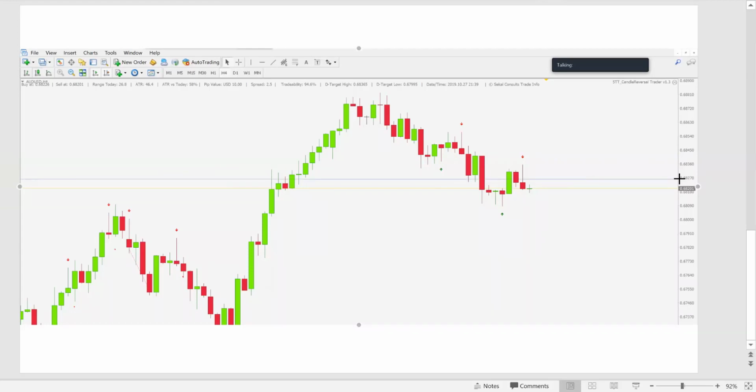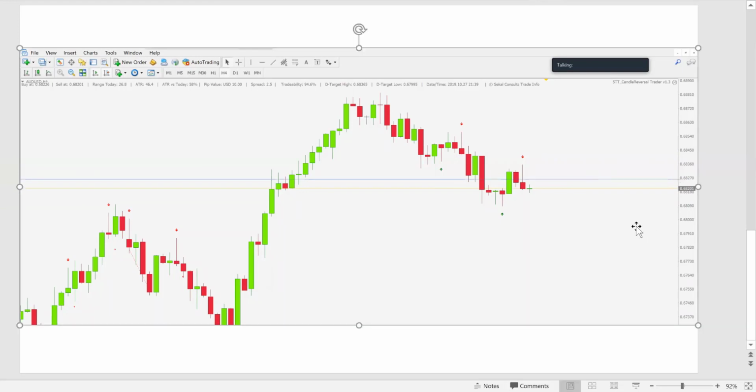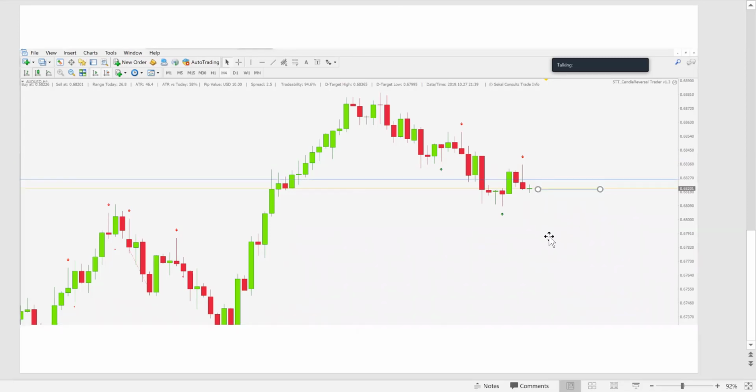If you have a sell trade, that sell trade will open exactly on the bid price. But if it's a buy trade, it will open here.